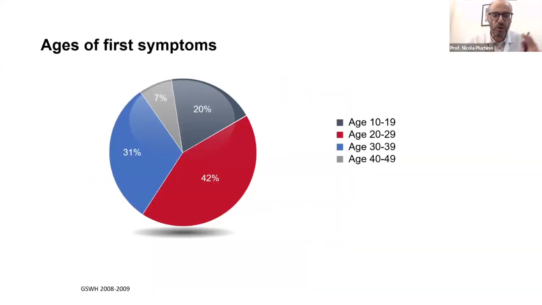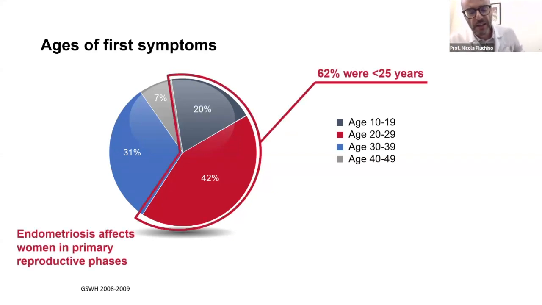And the other point that is so important to remember in our clinical practice is that in the majority of the cases, at least 62% of women, symptoms start very early when they are adolescent or between the age of 20 and 25.